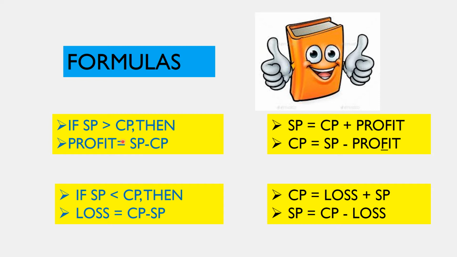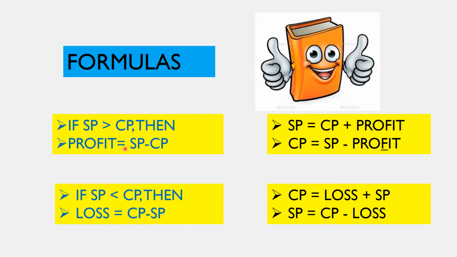If profit is SP minus CP, then CP will go to the other side. When a minus goes to the other side of equal to, it changes into plus. So SP will be equal to CP plus profit.